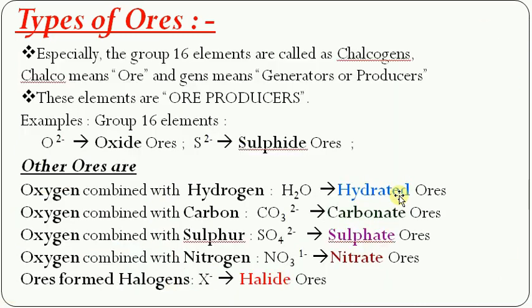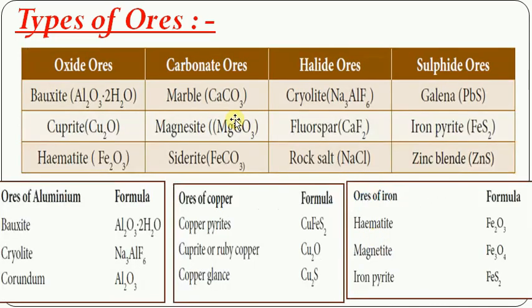So ores are generally classified into 7 types. I have given 4 types of ores here. You could see the ore of aluminium, ore of copper, ore of iron. All these ores we can classify into any one of these categories.